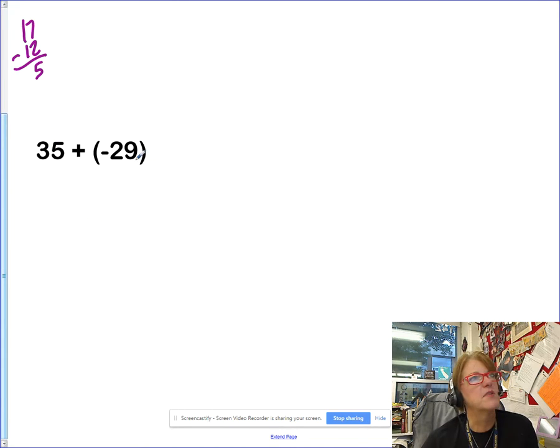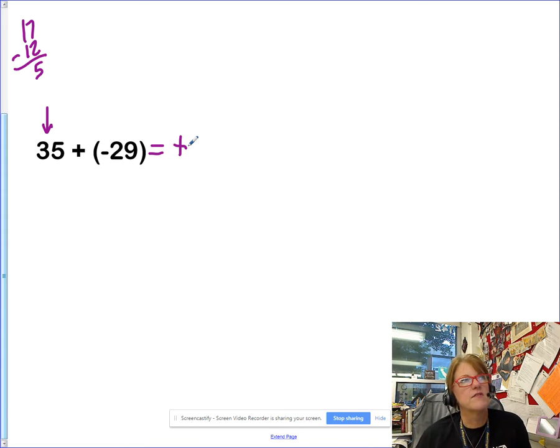If I think of the absolute value of these two and which one has more power, this absolute value is 35. This absolute value is 29. He's going to win the tug of war, which means my answer is going to be positive. So they're battling against each other or pulling against each other.